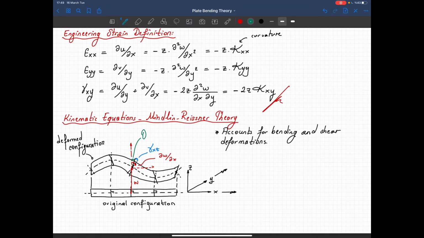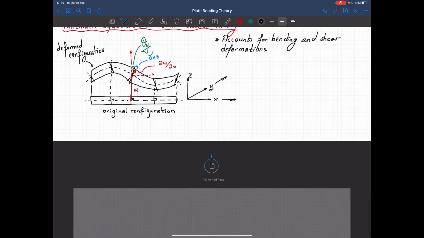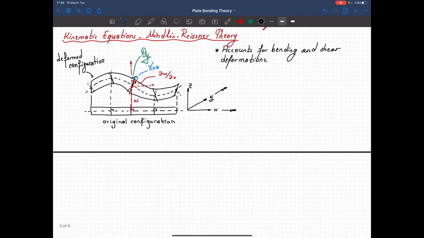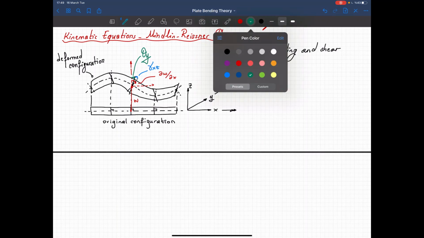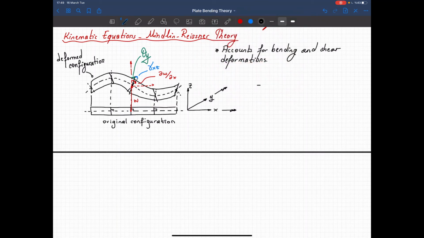That will be the theta y. Okay, so we can write the theta y as follows. Let me write it here. So theta y is a clockwise rotation. So I'm just saying that minus theta y is equal to the difference between del w over del x minus the shear deformation, gamma xz.